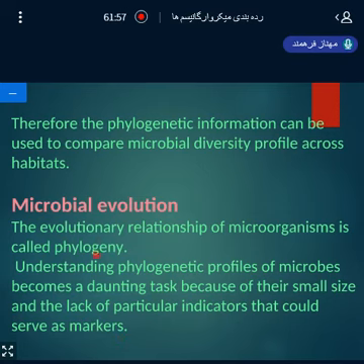So, in microbial evolution, we must investigate phylogenetic relationships of microbes, and because of their small size and the lack of particular indicators, that is very difficult for us to evaluate this relationship and this microbial evolution.